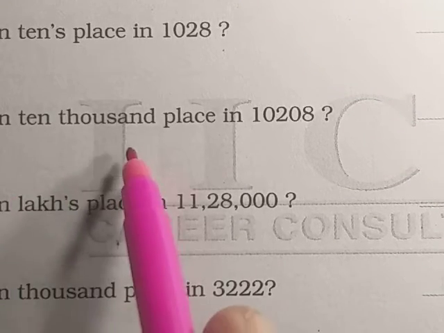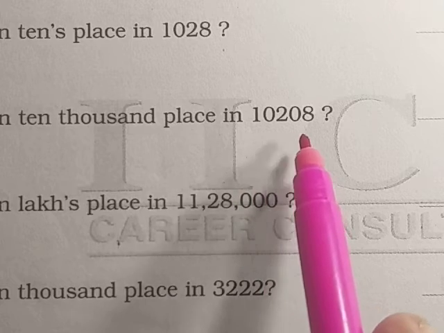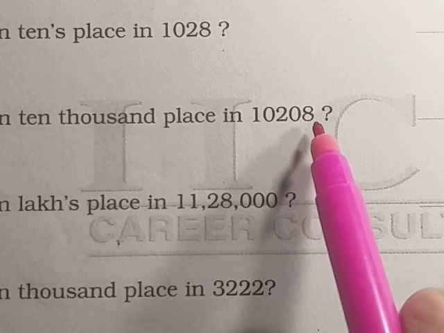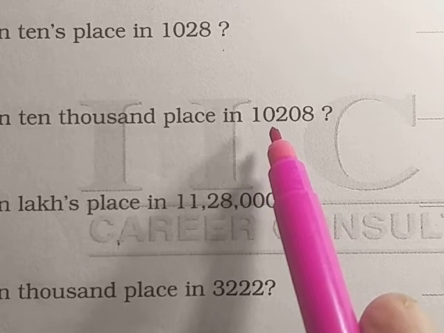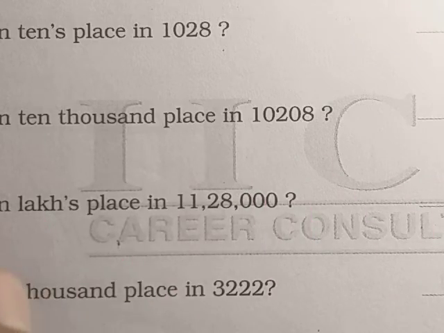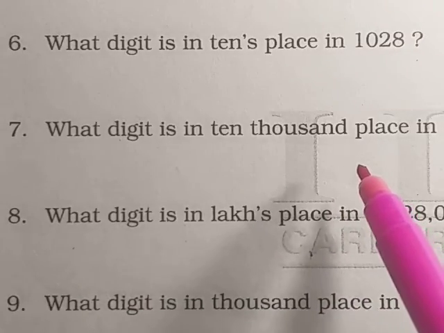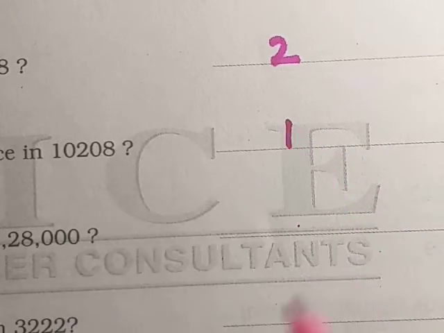What digit is in 10,000 place in 10,208? Unit, 10, 100, 1000 and 10,000. 1 is in 10,000 place. Therefore, what digit is in 10,000 place? It is 1.